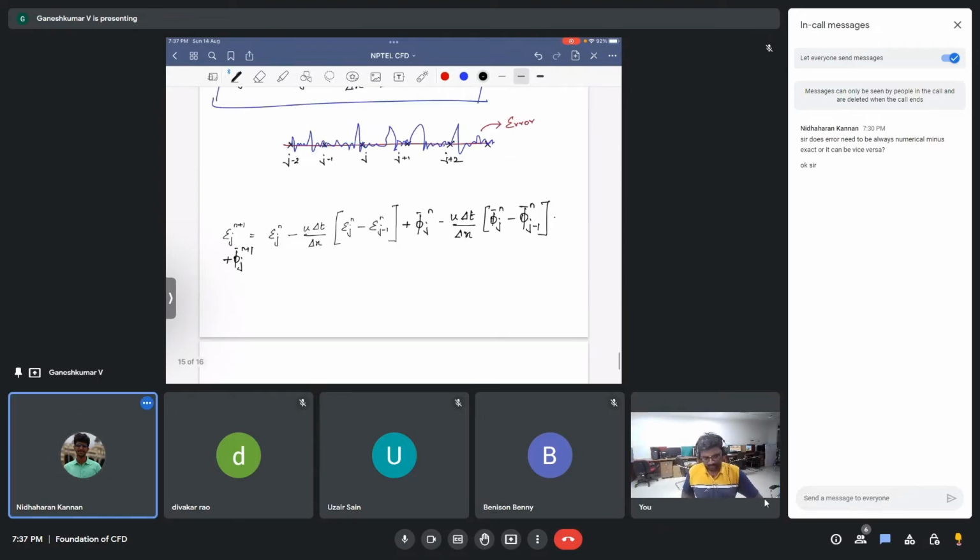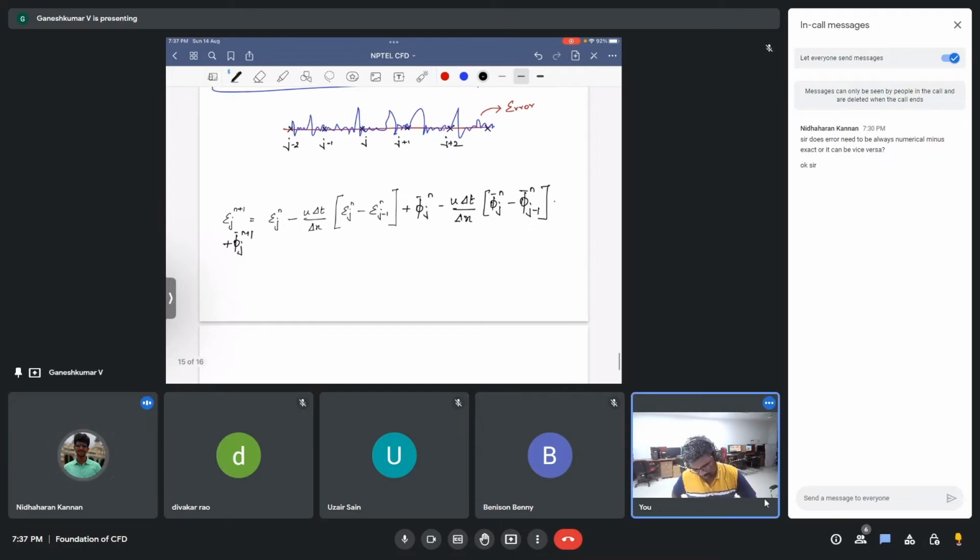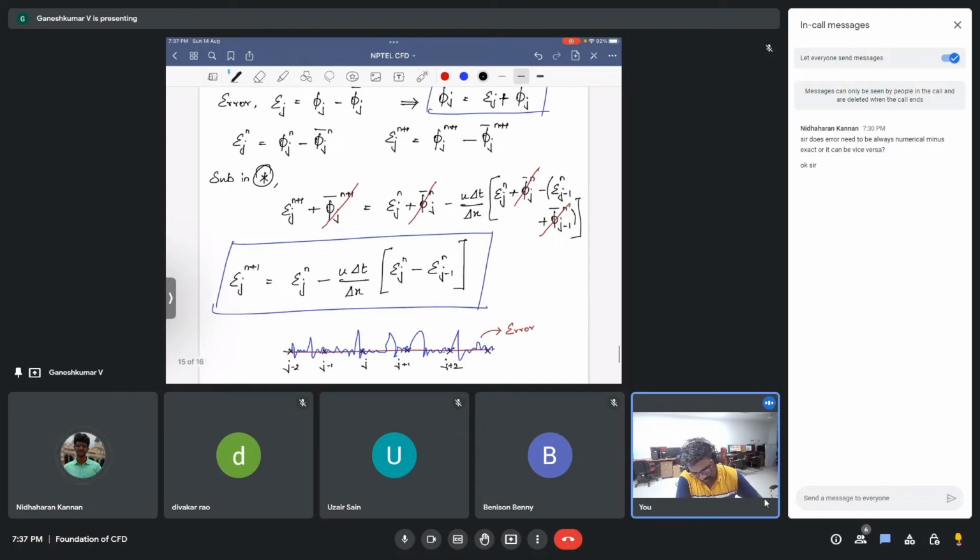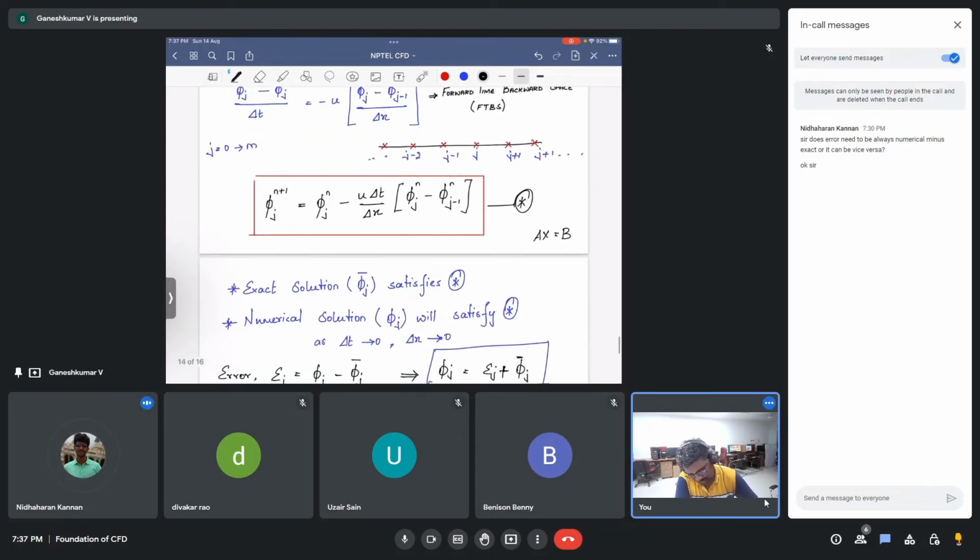Yes, sir. So what you do, you take this to the other side. So if I do that, what happens? Minus phi j, minus phi j bar n plus 1. Now you go back to this statement, you see this equation. This phi j bar satisfies the star equation, right?